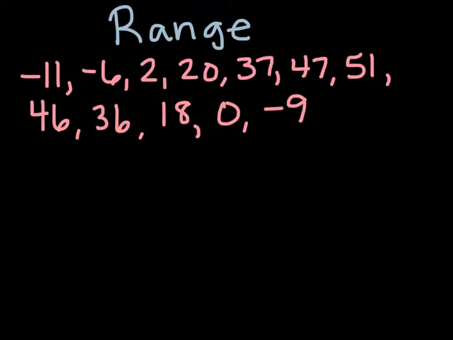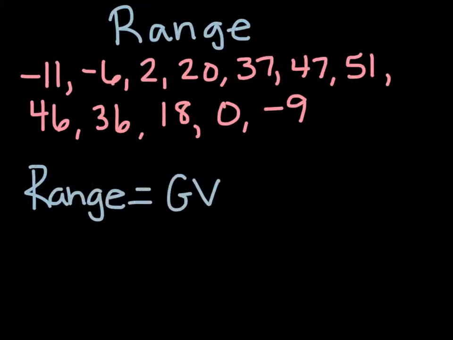Finally, let's solve for the range. Recall that the range tells us the difference between the least value and the greatest value. So we're going to take this simple formula, which is range equals the greatest value minus the least value.